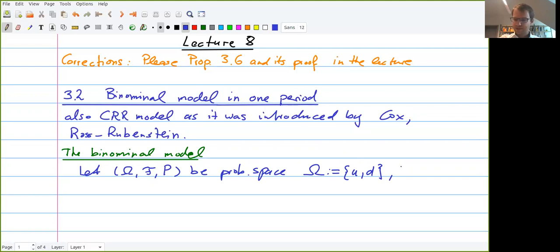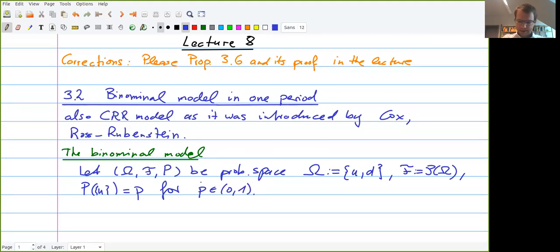Since this is a finite set, we can take the sigma algebra on this probability space as the power set, and the probability that u appears is given by a small number p, which is between 0 and 1. And so that we have really a random object, we want p to be strictly between 0 and 1.